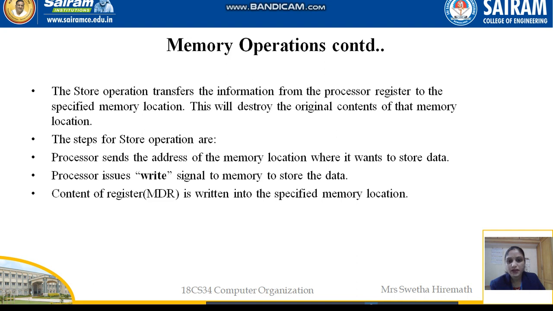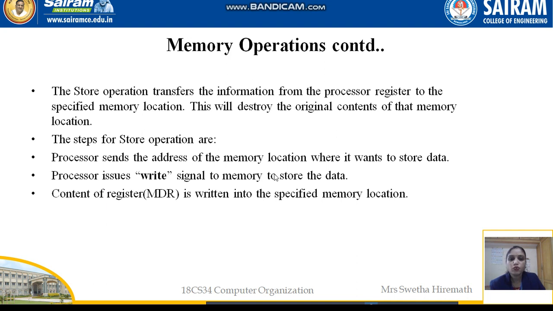Once it is ready, the content of the register MDR is written into the specified memory location. So first it has to identify the location, then the write signal has to be activated, and the third step is MDR. Whatever data is stored in MDR will be written into the specified memory location.